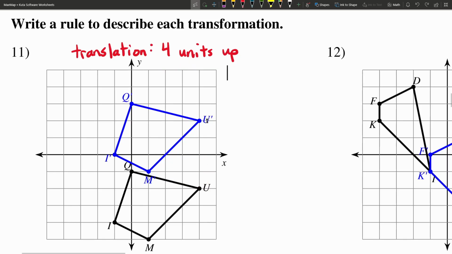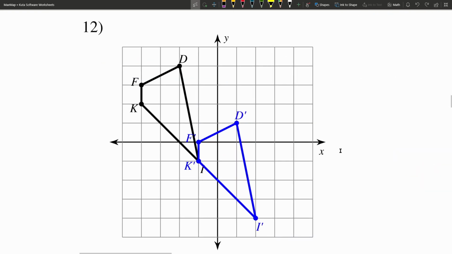Let's move on to number 12. In number 12, we know that we're doing a translation because we're just moving the figure on this worksheet. So we have a translation, but what exactly is that translation? Let's pick a point in our original figure. So not starting with the primes, we're going to be starting with just our letters. Let's start with D, this uppermost point. To go to D prime, how much do I have to shift right or left?